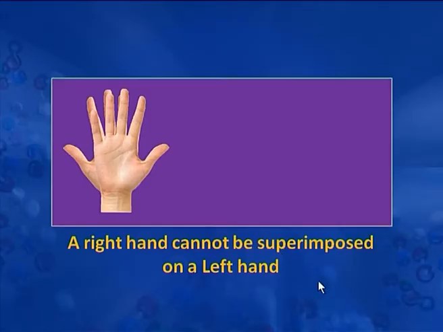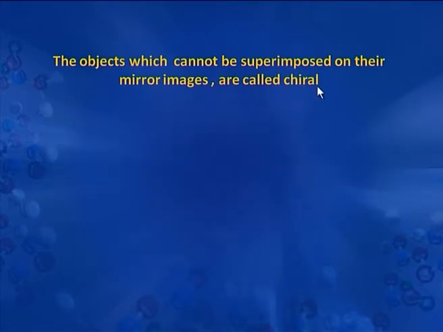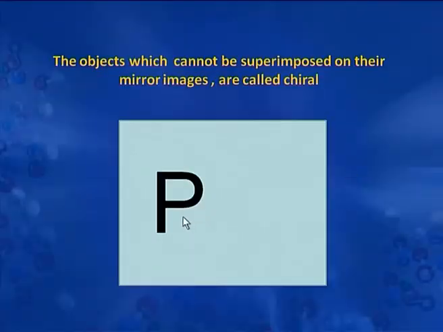So, chirality is a property where there are two substances which are made up of identical parts, but they are not superimposable on each other. The objects which cannot be superimposed on their mirror images are called chiral. We have one example as our hands; even gloves can be chiral, or simply the letter P of the English alphabet.